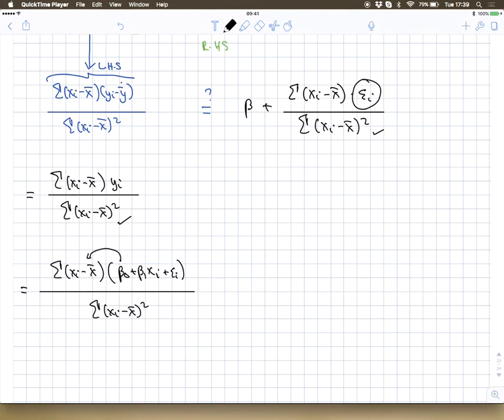Well, beta 0 as a constant can be taken out. Then you have the sum of xi minus x bar, which is also equal to 0. Good. So the only thing that you'd be left with is beta 1 times the sum of xi minus x bar times xi plus the sum of xi minus x bar times epsilon i, this divided by, if I were to split them, the sum of xi minus x bar squared.